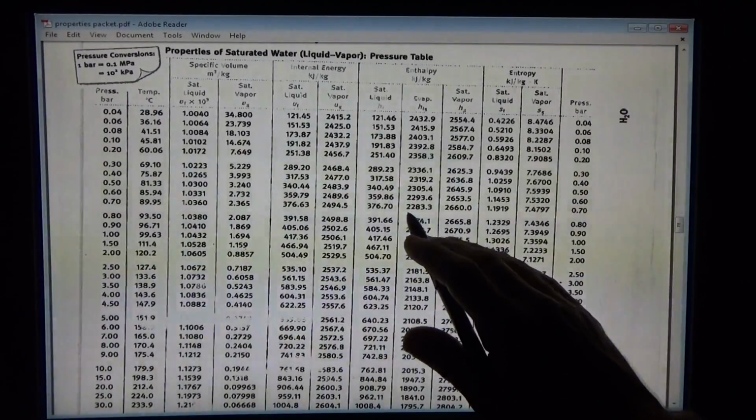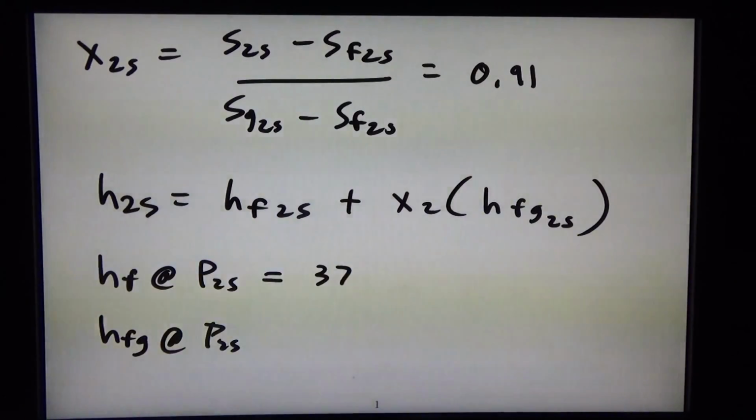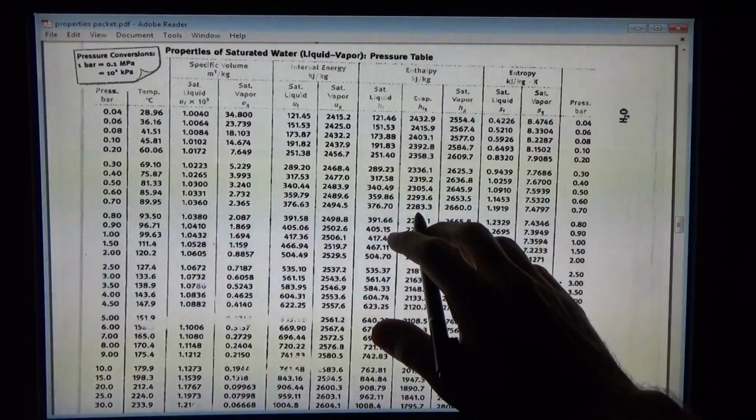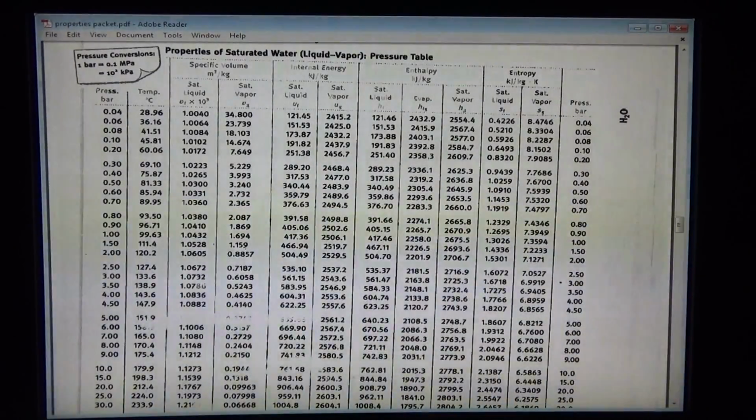At 0.7 bar, H sub F is 376.7. H sub FG is 2283.3.